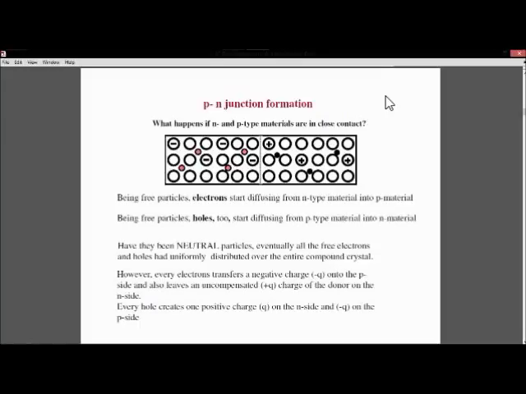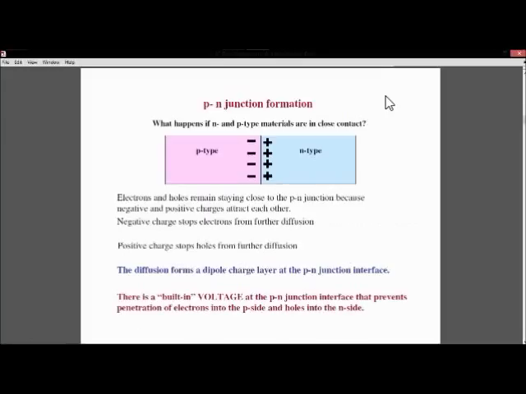However, every electron transfers a negative charge of -q to the P side, and also leaves an uncompensated charge of +q on the donor side. Every hole creates one positive charge q on the N side, and similarly leaves -q on the P side. So this results in the depletion layer. There is a potential difference between these positive signs and this negative sign, and this is known as the depletion layer.